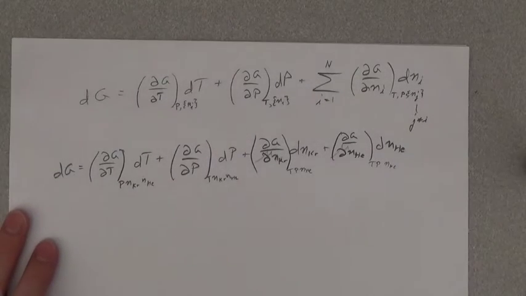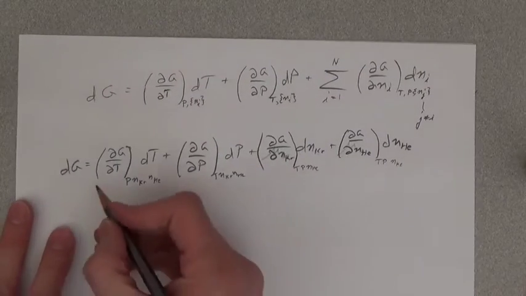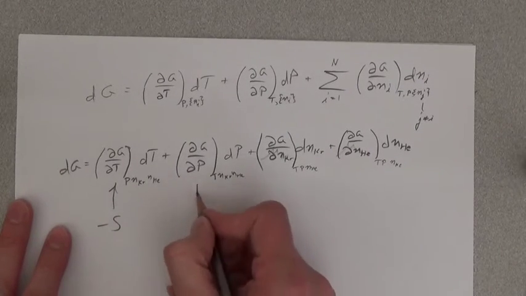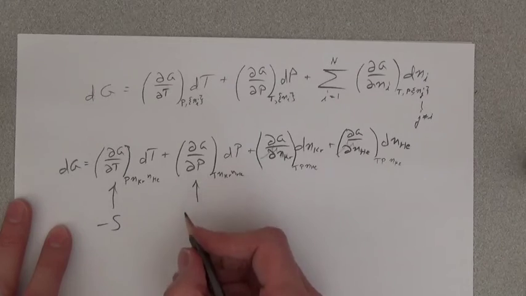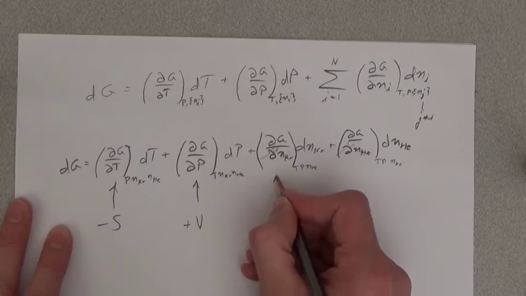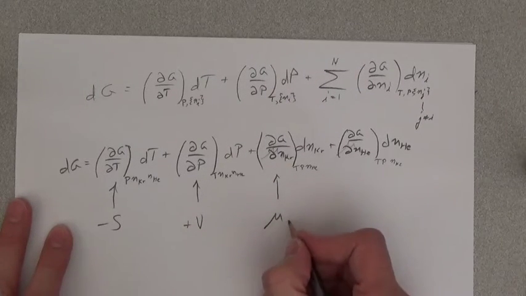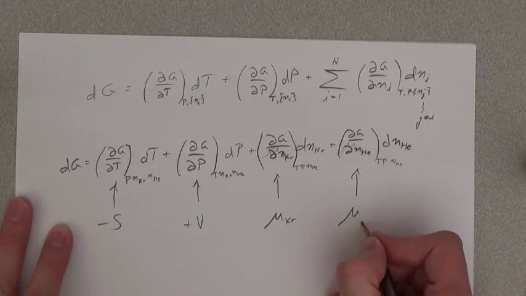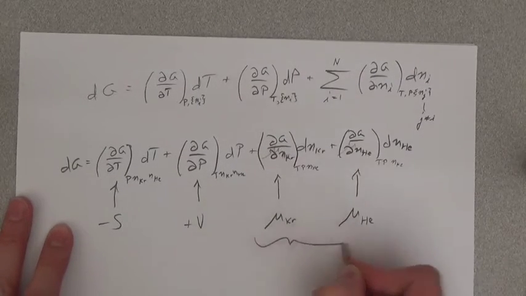So now in this case here, this differential is minus S. This differential is plus V. This differential is mu Kr, and that is mu He.